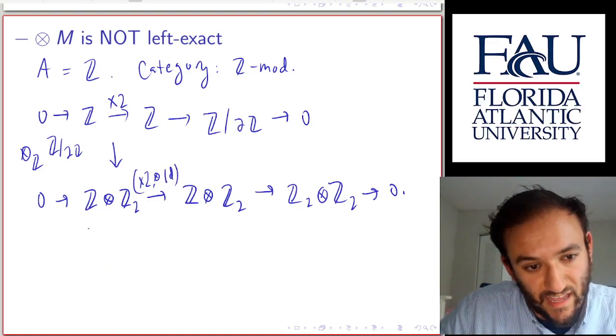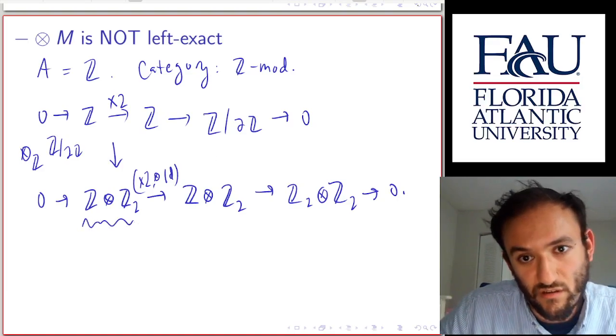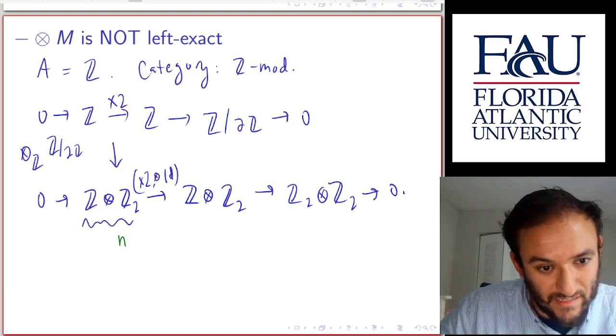But we'll notice that now, at this stage, the functor is not exact.